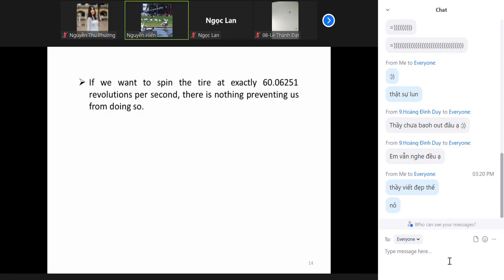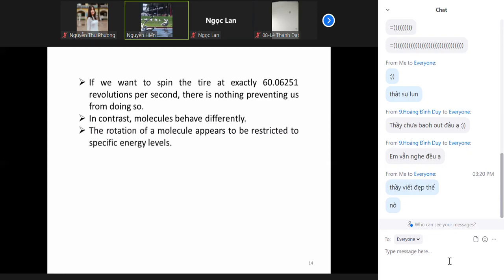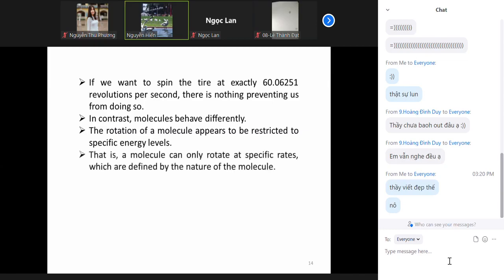So there's nothing to prevent us from controlling the rotation of the tires. But molecules have different behavior. The rotation of a molecule appears to be restricted or limited to some specific energy levels. It means that a molecule can only rotate at a specific rate, not at any rate.